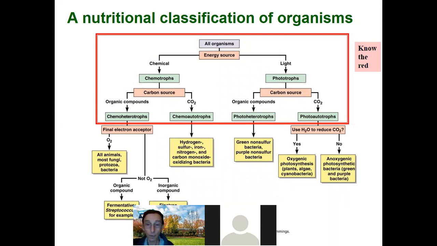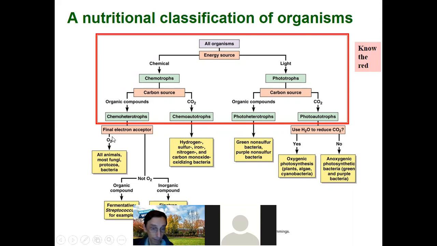You don't need to know that you can split the photoautotrophs into oxygenic photoautotrophs and anoxygenic photoautotrophs. And then the chemoheterotrophs can be split as well. This splitting is looking at whether they accept oxygen as their final electron acceptor, and we'll talk about that.